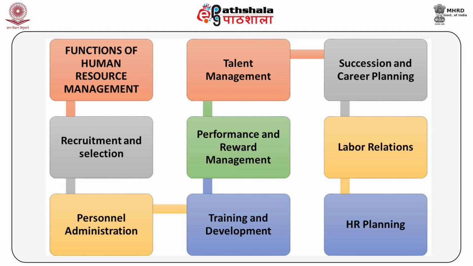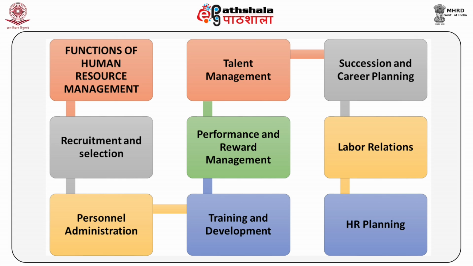Next is performance and reward management. It is the linkage between the performance and the reward system to maximize the business performance. Next is talent management. Talent management refers to the anticipation of required human capital for an organization and the planning to meet those needs.